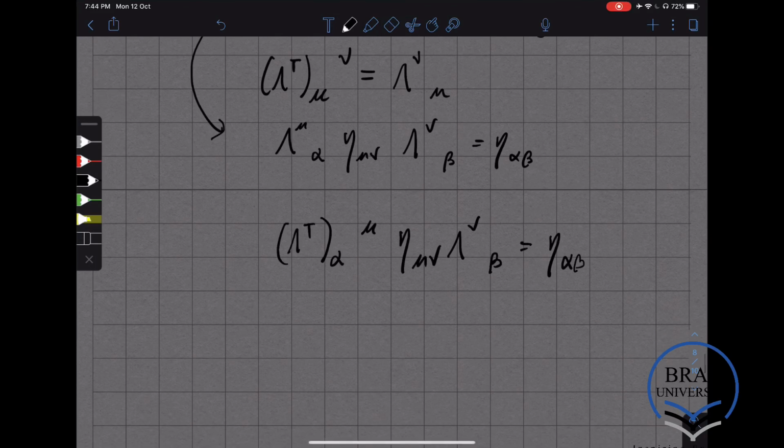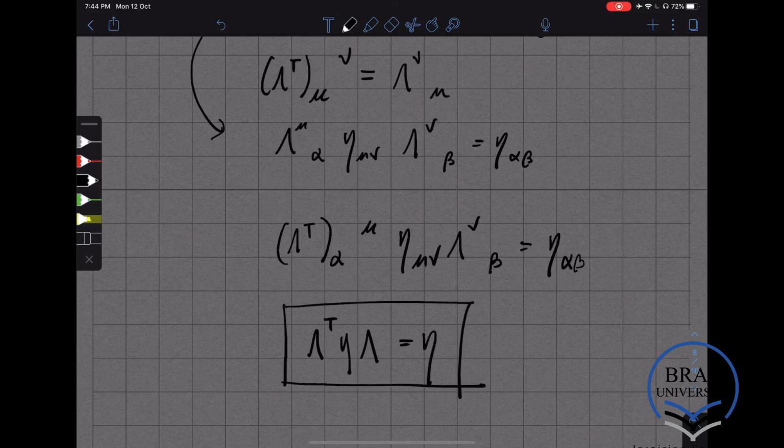So we can write this in matrix form as the transpose of the Lorentz transformation matrix applied on the η matrix times another Lorentz transformation matrix is equal to η. This is the condition that the Lorentz transformation matrices have to satisfy.